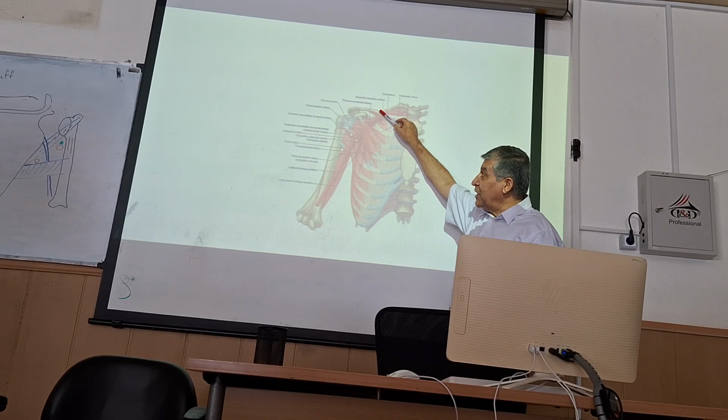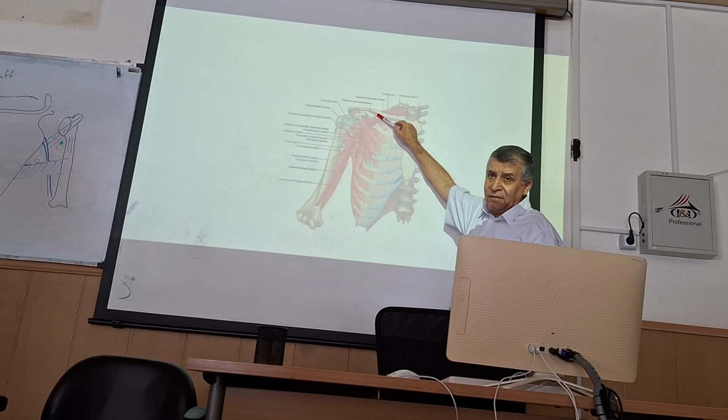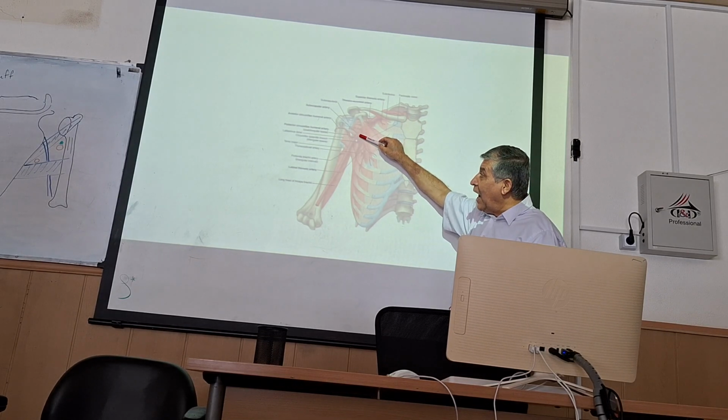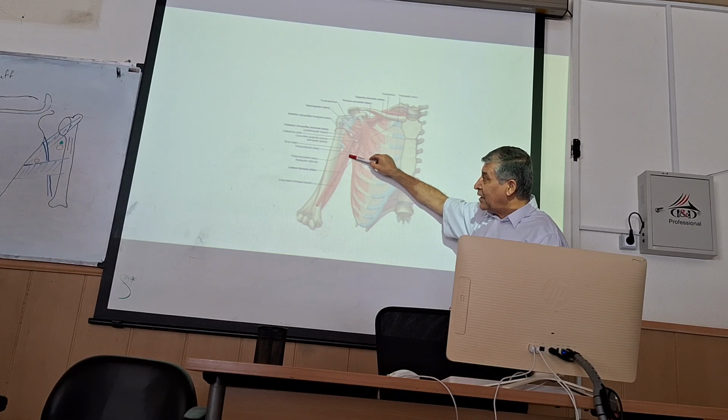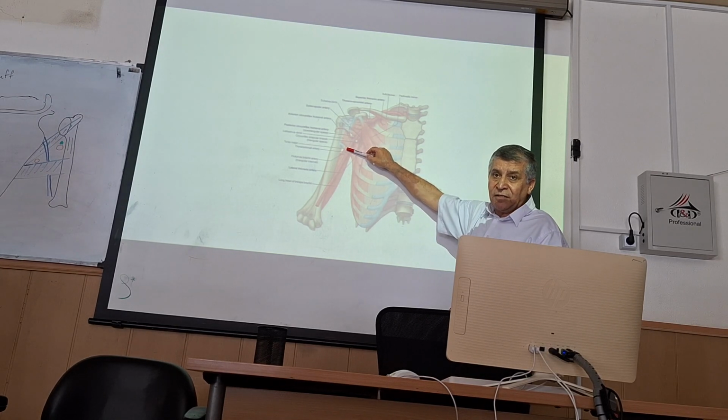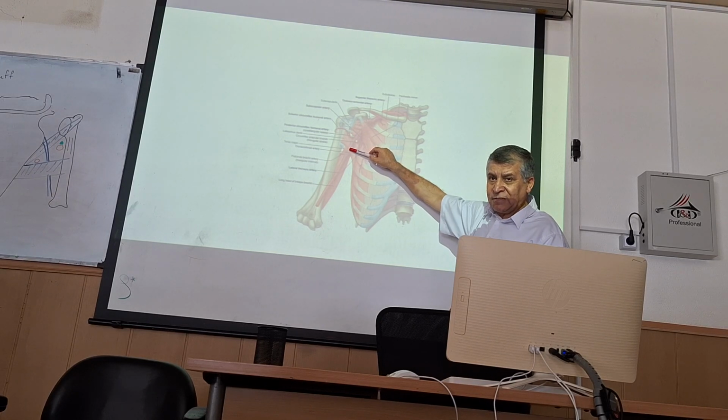The subclavian artery changes to axillary after the first rib. The axillary artery changes to the brachial artery after the inferior border of teres major.